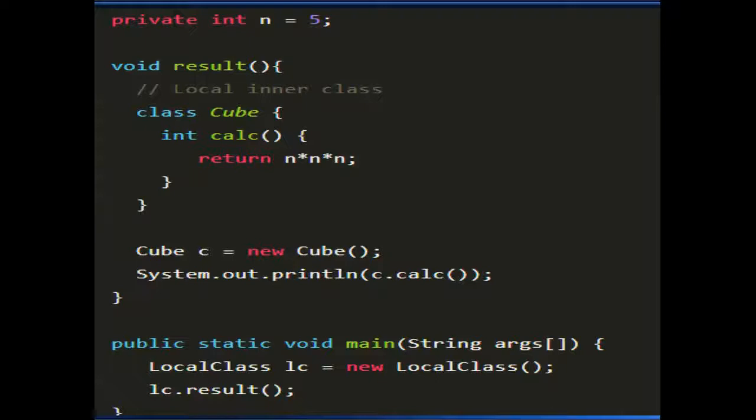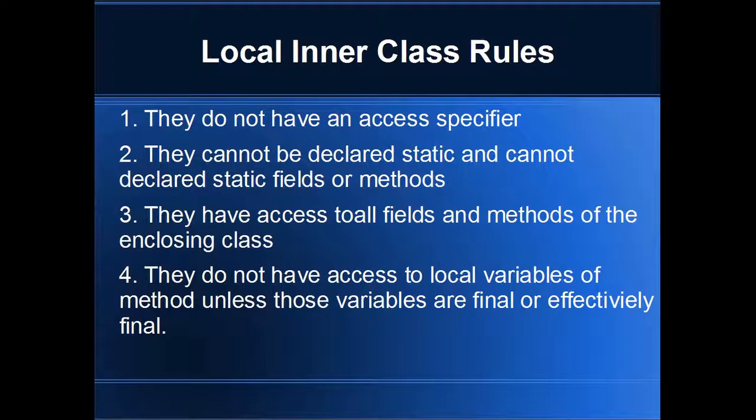Alright. Local inner class rules. They do not have an access modifier. They don't have public, private, or protected. They cannot be declared static and cannot declare static fields or methods.